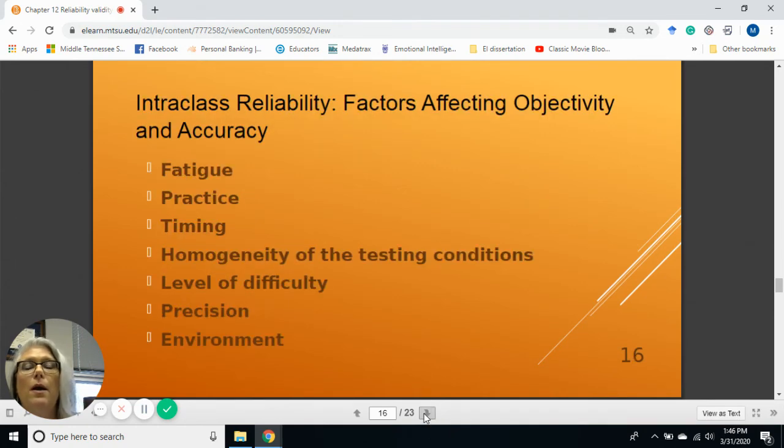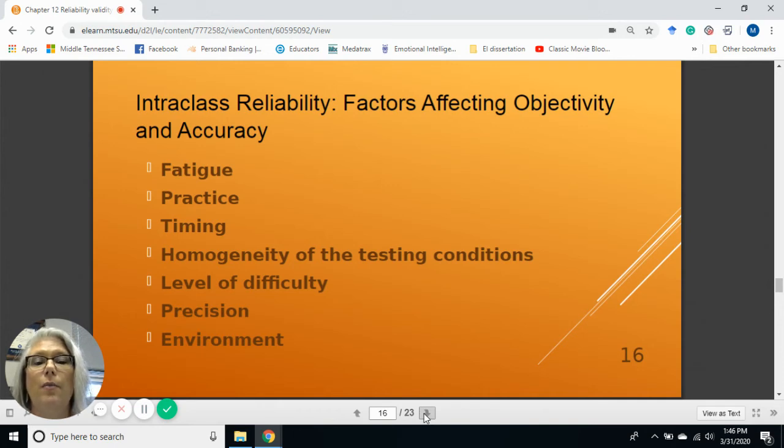Moving to the next slide. Factors that affect the objectivity and the accuracy of the test. So here we have fatigue, right? And fatigue is when the person taking or collecting the data has decreased reliability because they're fatigued. So for these factors, look in chapter 12 on pages 285 and 286.